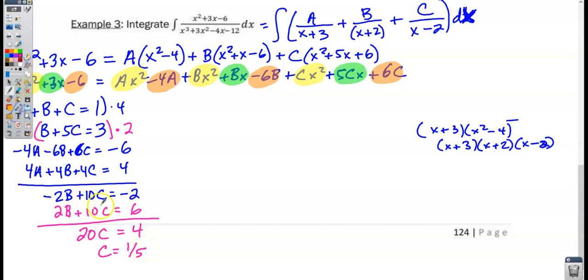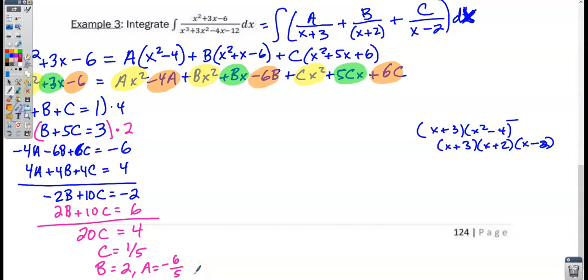If C is equal to 1/5, that makes this 2B plus 2 equals 6. So 2B equals 4, so B equals 2. And if B equals 2 and C equals 1/5, from this equation up here, that means that A has to be equal to -6/5.